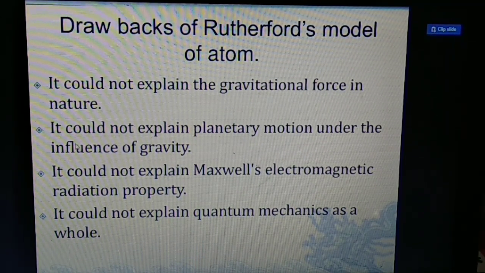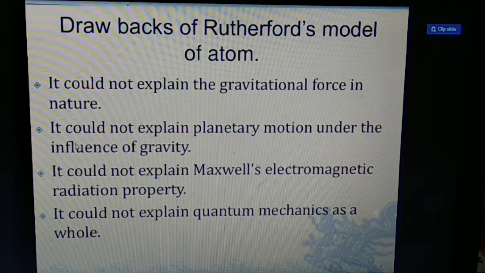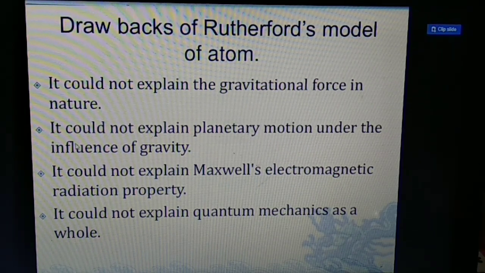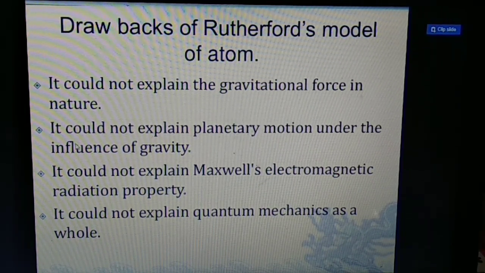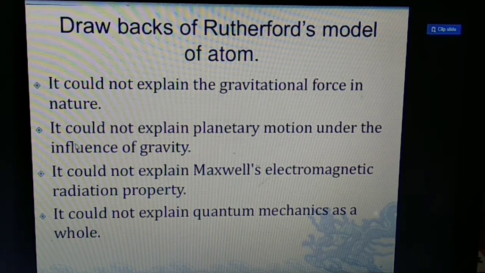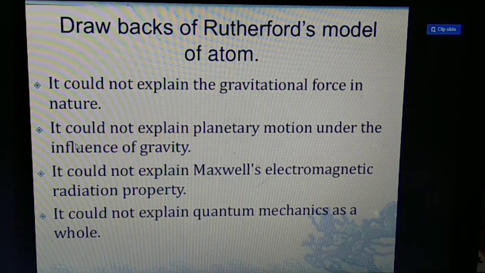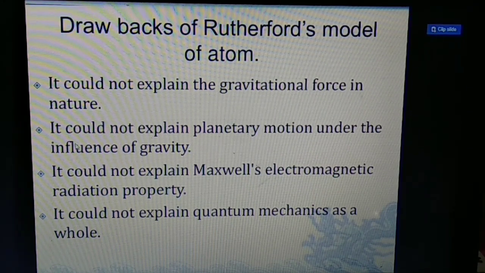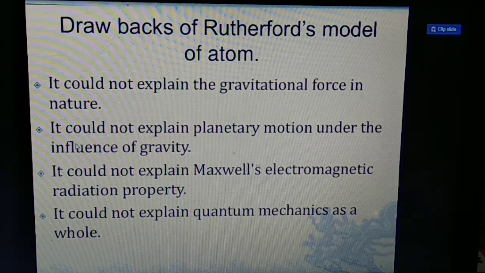And one time will come when the electron jumps to the nucleus, the nucleus charge being positive and the electron charge negative. So if electrons jump onto the nucleus, then it cannot explain the stability of the atom.